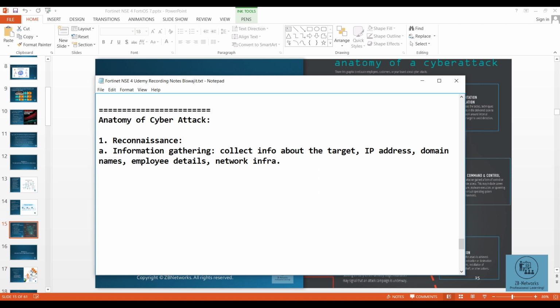There are multiple methods a hacker or cyber criminal can use to gather such information. That step is called reconnaissance, the information gathering step.